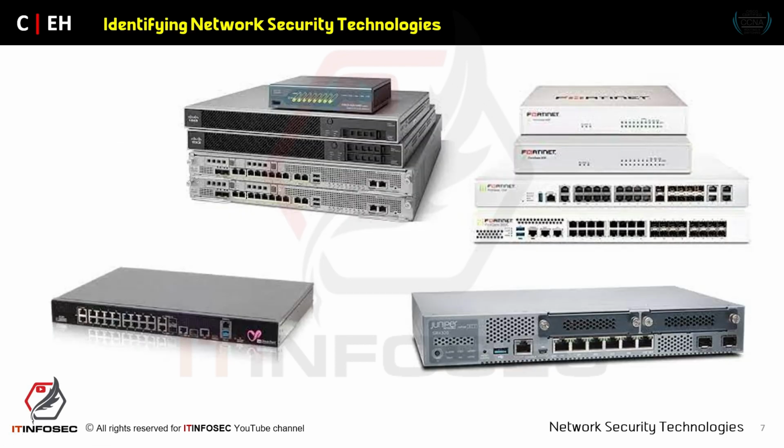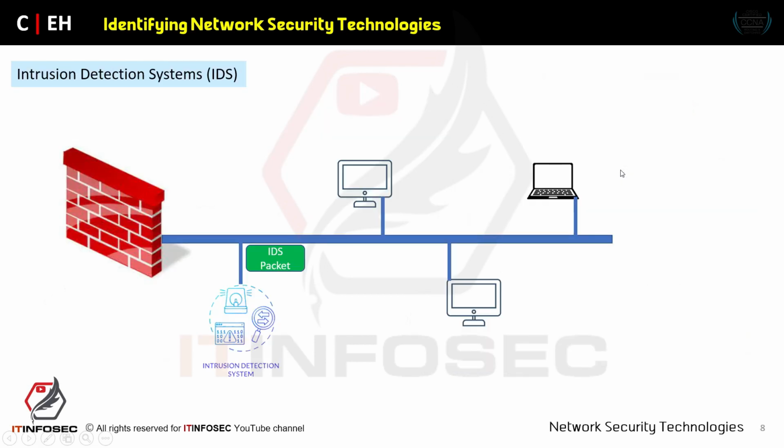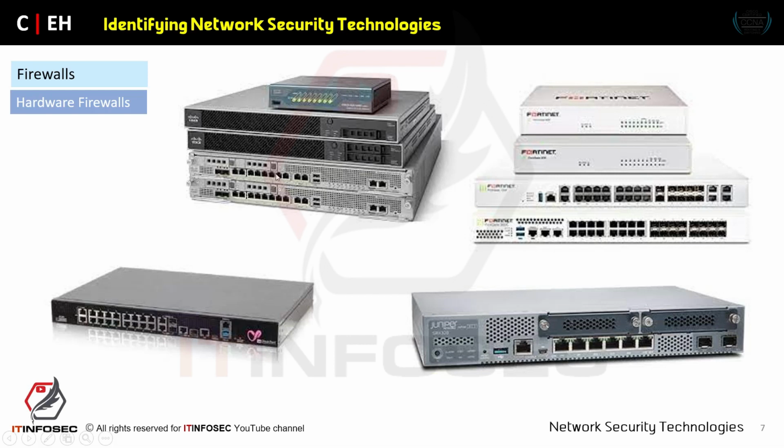Another part of the description about the firewall is hardware firewalls. Firewalls may be hardware, like these ones. For example, this is the Cisco firewall, this is the Juniper, this is the Fortinet or FortiGate firewalls, and so on. The hardware firewalls contain some physical ports. You can connect one port to the outside, for example, to the internet, and get another connection from the other ports into your local network.